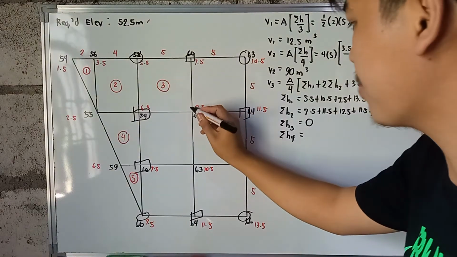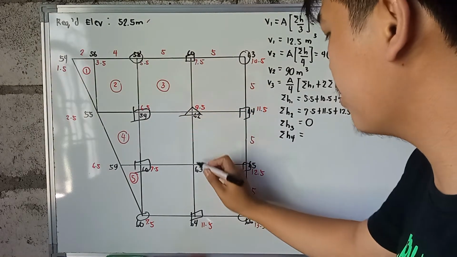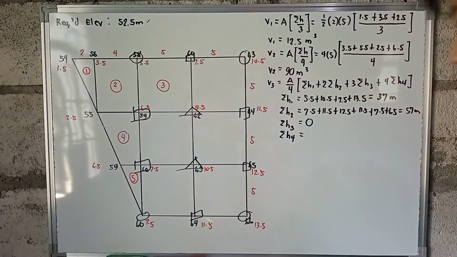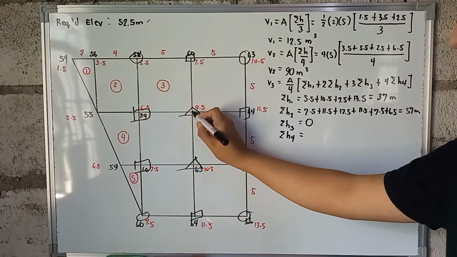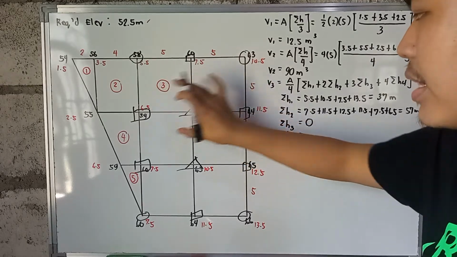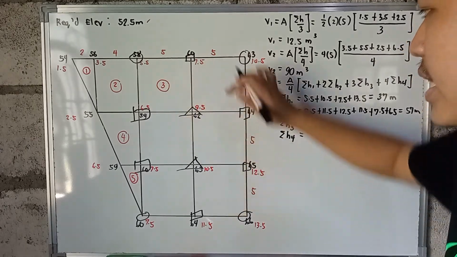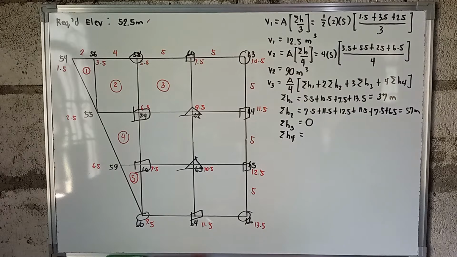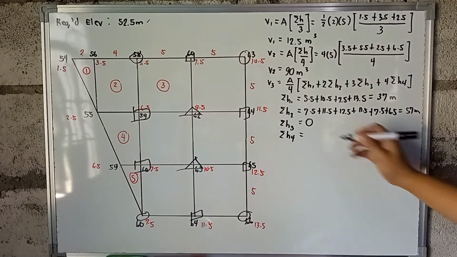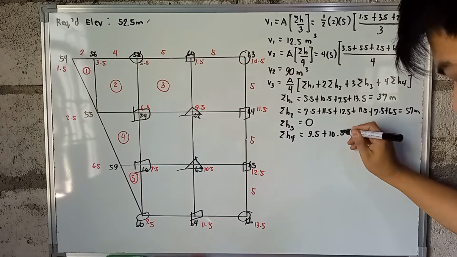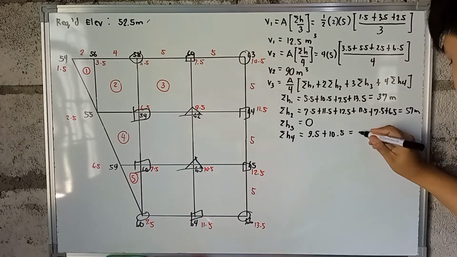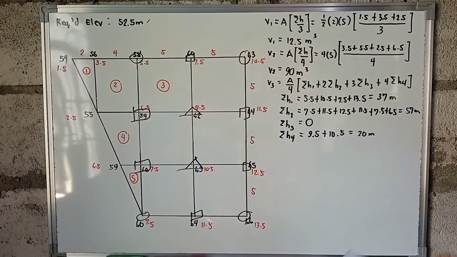So, in our example, it is denoted by the legend of triangle. So, kung mapapansin ninyo, yung 9.5, common siya sa apat na prism na merong parehas na base na 5x5. So, pag-add natin sila, 9.5 plus 10.5, the value will be 20 meters.